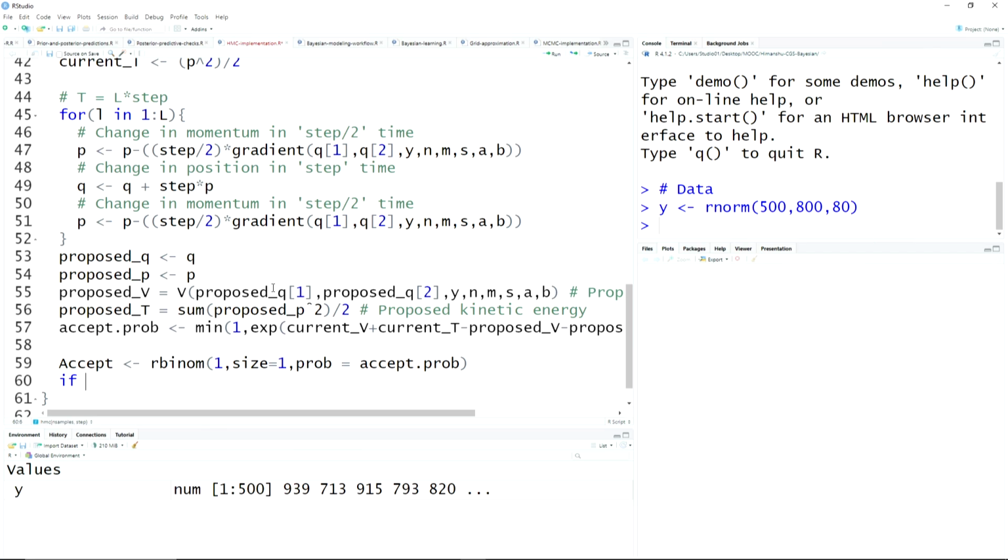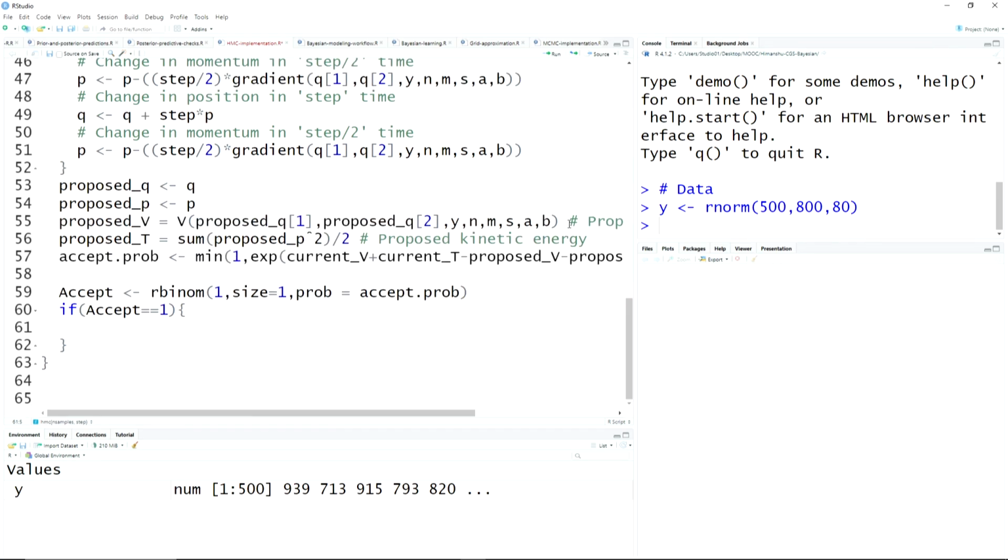probability equals acceptance probability. So if accept is equal to 1, so if you need to accept, then you accept this new particle. How do I accept it? I will update the position of the chain and I will store it like this.